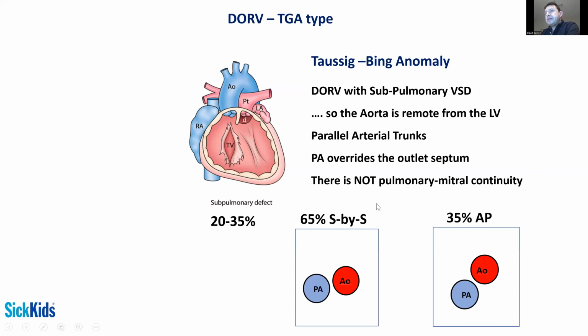About two thirds of them are side by side, usually with the aorta just ever so slightly anterior to the pulmonary artery. And about a third of them are more anteroposterior, really more like a regular transposition with the aorta anterior and to the right.